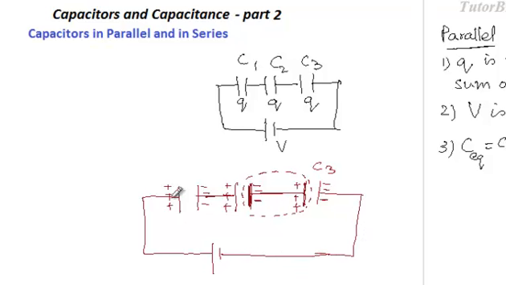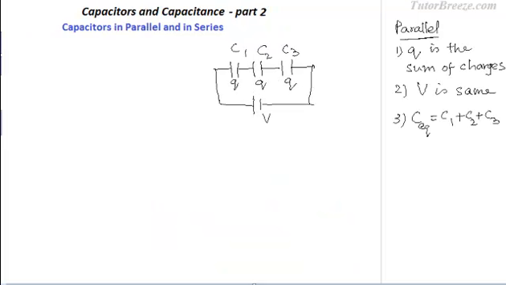So when a positive charge is created at this end, you have a negative charge at the other end, so you have electrons flowing into the battery, and you had electrons from this side which had flowed out to the negative plate. So now coming back to the derivation for the equivalent capacitance, we have just understood that Q is the same on each of these capacitors which are connected in series.